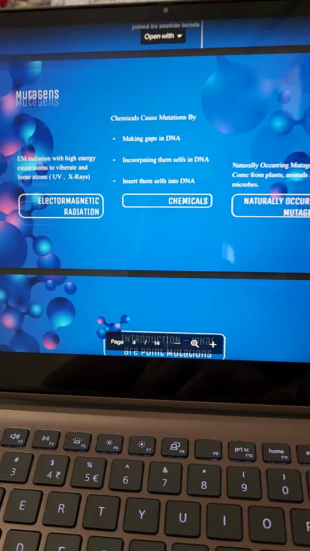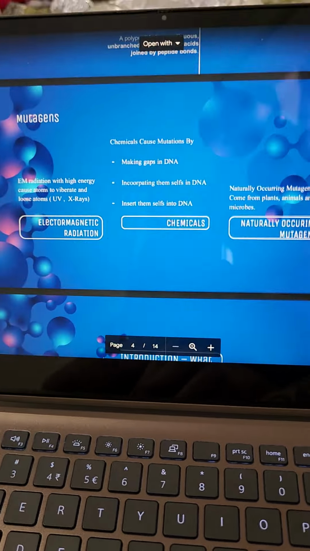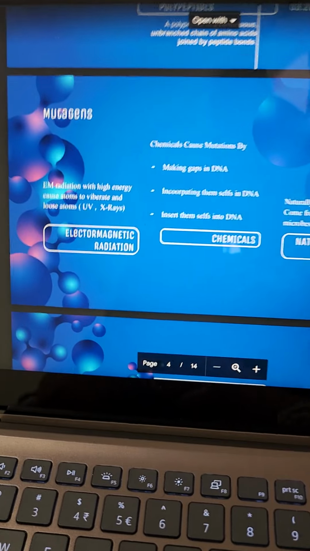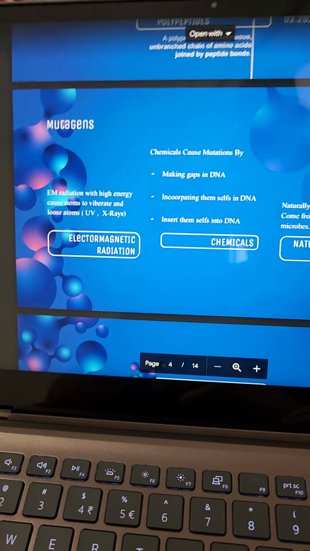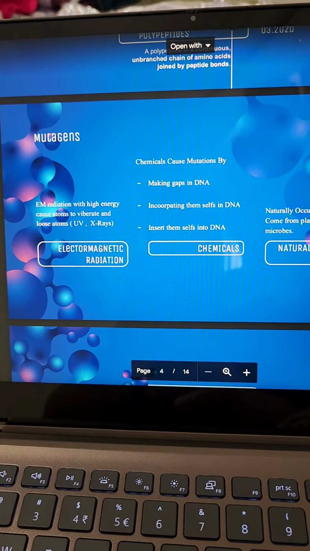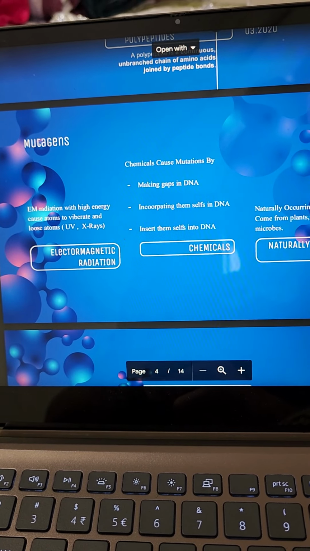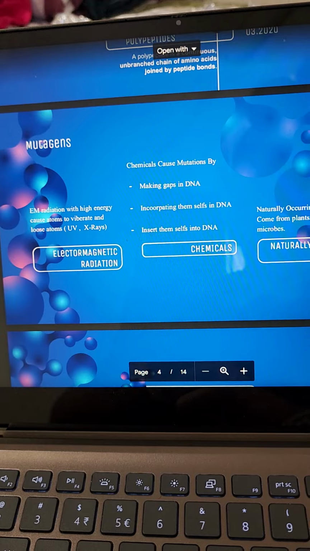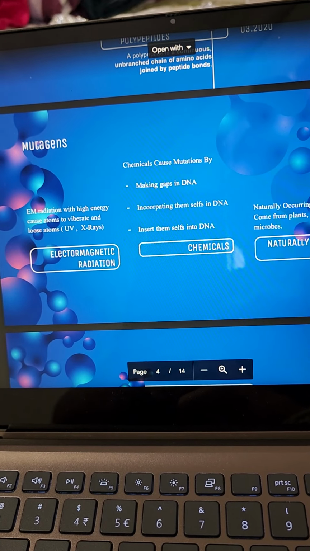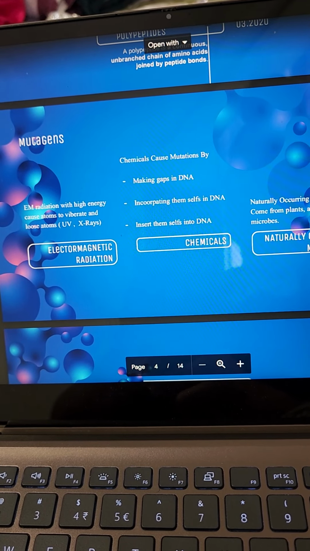Moving on to mutagens. Mutagens can cause mutations to occur. The first type of mutagen is electromagnetic radiation. Electromagnetic radiation with high energy can cause cells to vibrate, which then lose atoms.